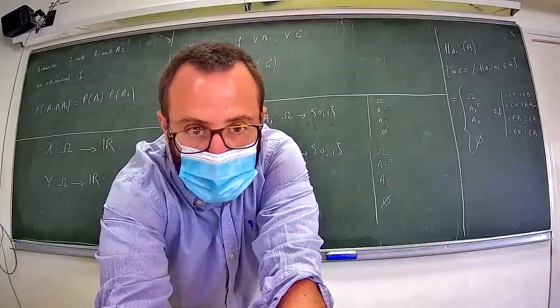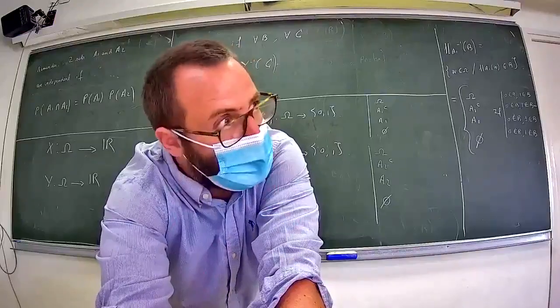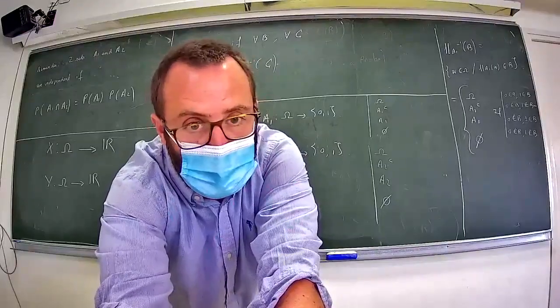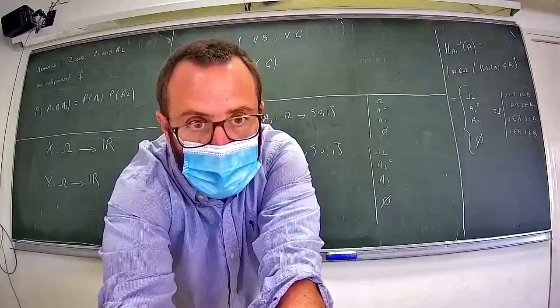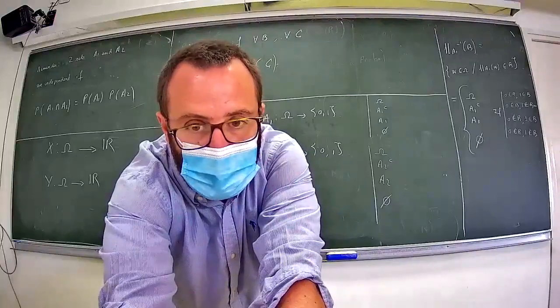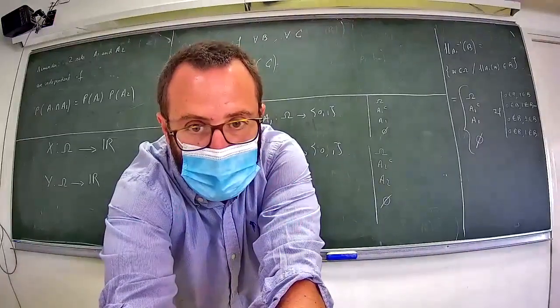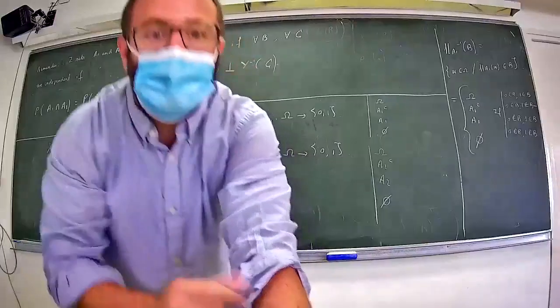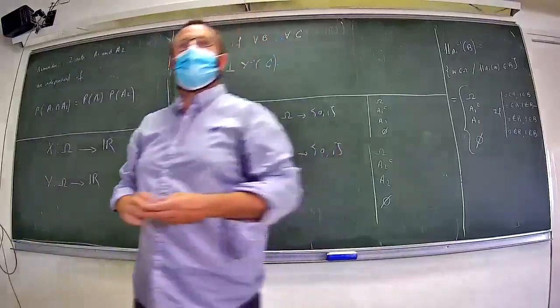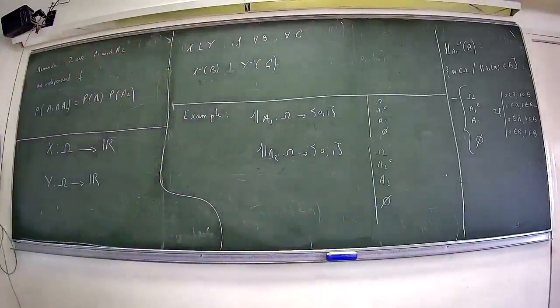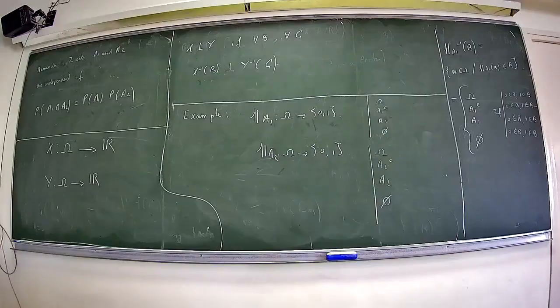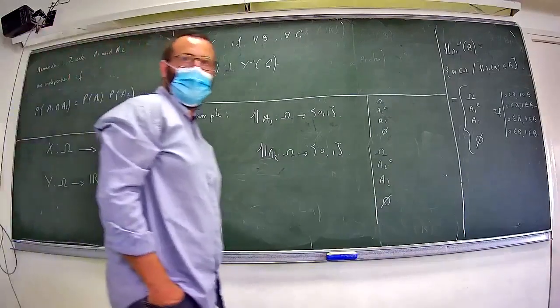So where are they? It was here in the first station. I remind at the end. Proposition 5. If A and B are independent, then A complementary and B are independent, A and B complementary, and A complementary and B complementary.